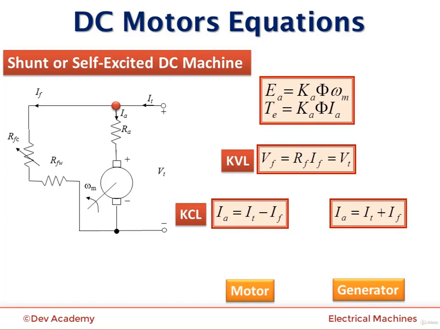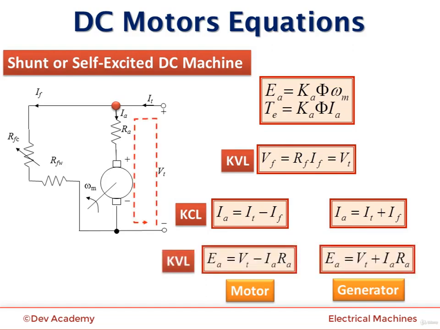In the motoring case, the terminal current is divided into the field and armature currents, while in the generator case, the armature current is the one that splits into field and terminal currents. Finally, the KVL in the armature circuit leads to these two equations. The only difference in these two equations is the plus and minus signs assigned to the armature current.